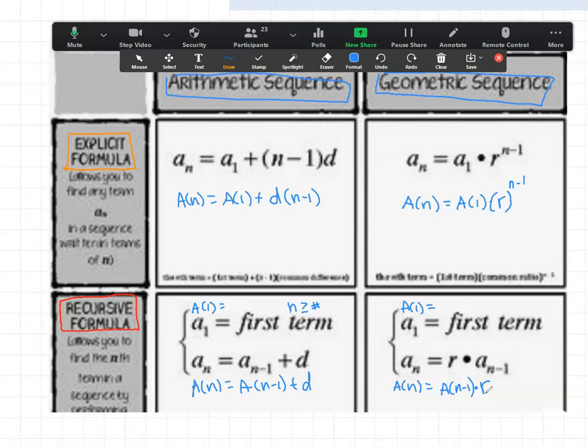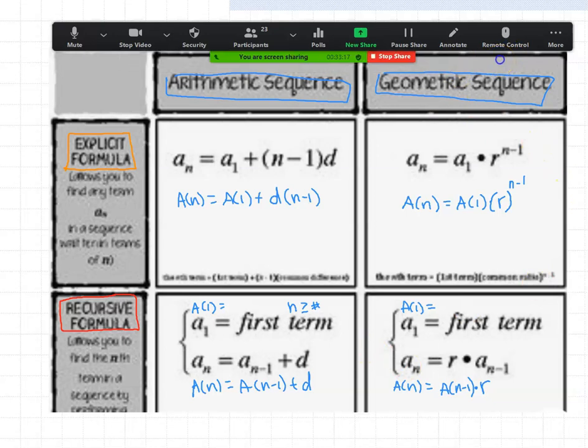Write that down, or save this slide right here. Now some examples. I'm going to do two examples.